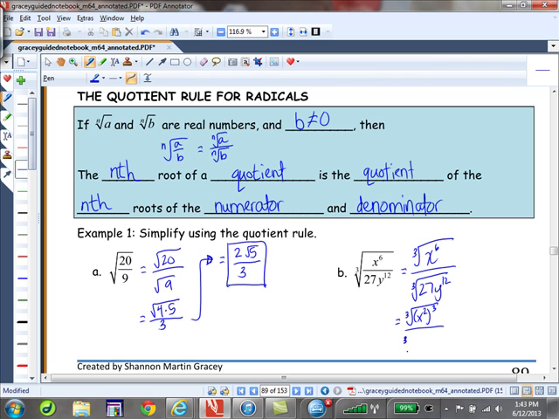And then down here, this is times the cube root of 3 cubed, which is 27, times y to the 4th cubed, because y to the 4th raised to the 3rd power gives us y to the 12th. Now we will have x squared, because that's what was being cubed in that top radical, and then the denominator will get 3y to the 4th. And we're all set.